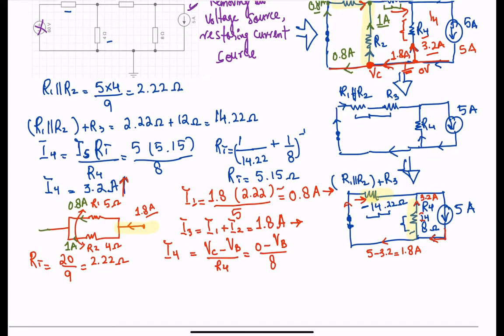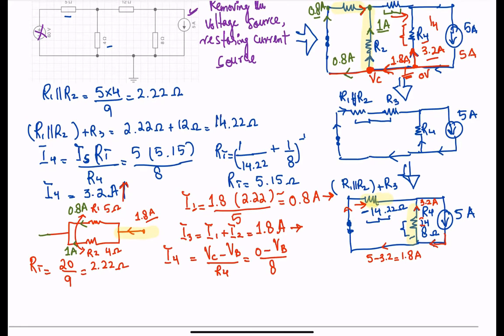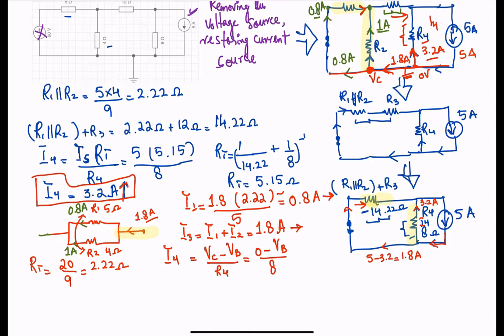I4 we have already determined, and it came out to be 3.2 amps. So just plug in that value, and if I do the math here, VB will equal negative 25.6 volts.